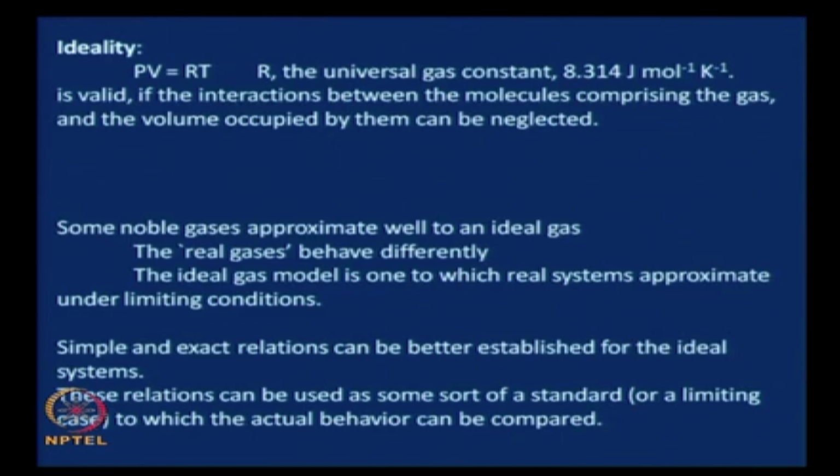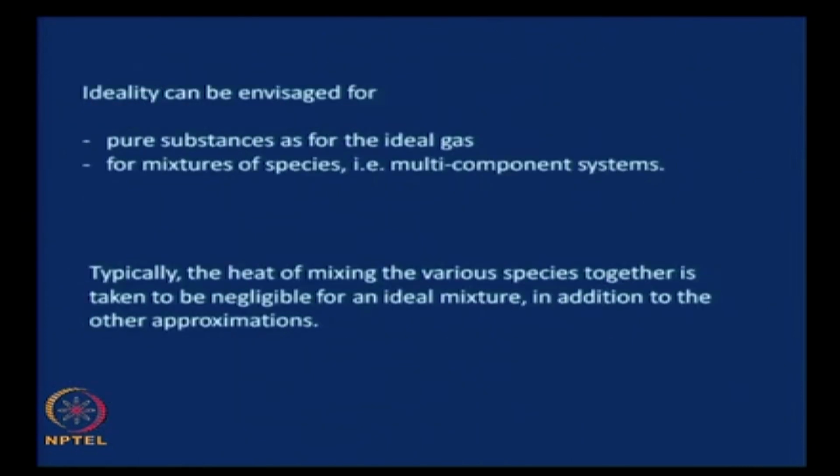Simple and exact relations can be better established for ideal systems, and these relations can be used as some sort of a standard or a limiting case to which actual behavior can be compared. Ideality is not only for a pure gas, it can of course be envisaged for pure substances such as ideal gases, as well as for mixtures of species or even in a multi component system.